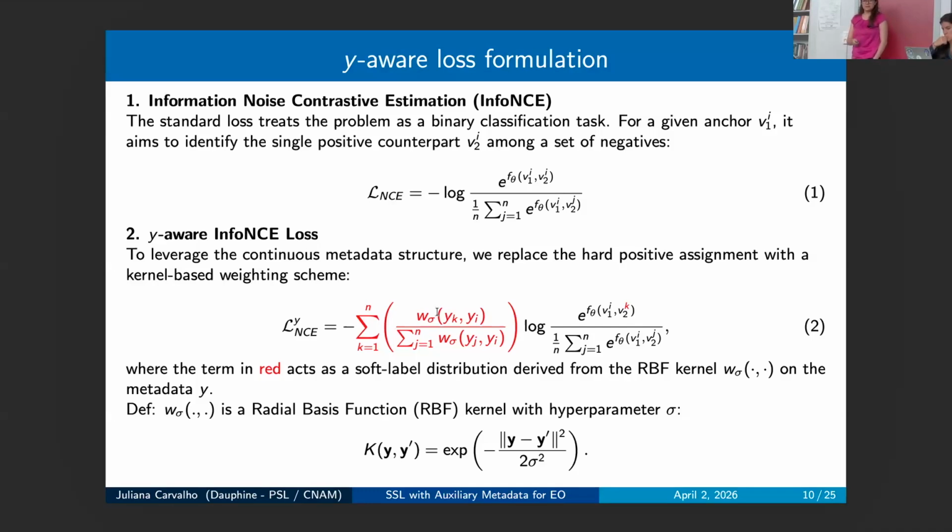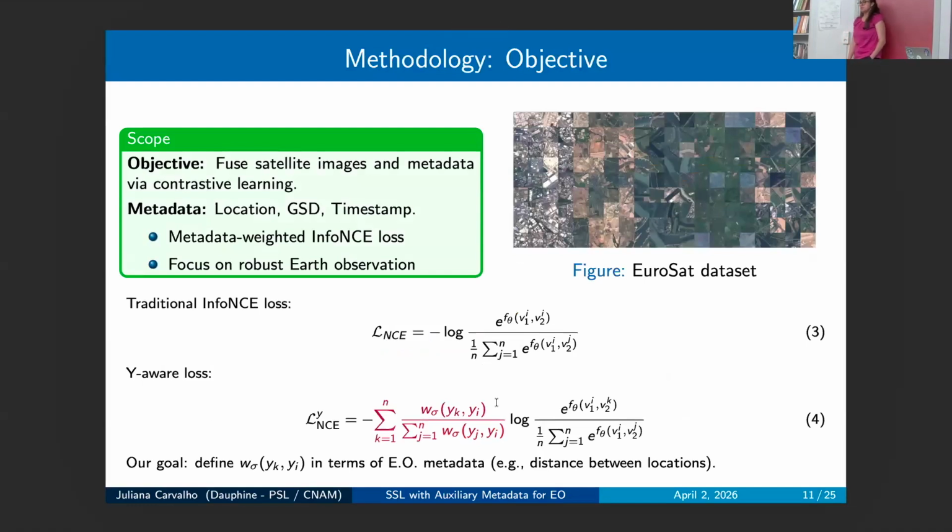And here, in this red part, we have a W of sigma described here, which is the radial basis function with a kernel parameter theta, which allows us, given the metadata y here, to take the distance between them and use it as a weight to try to approximate images that have similar metadata in the latent space. But our methodology is not with medical brain scans, it is with satellite images.